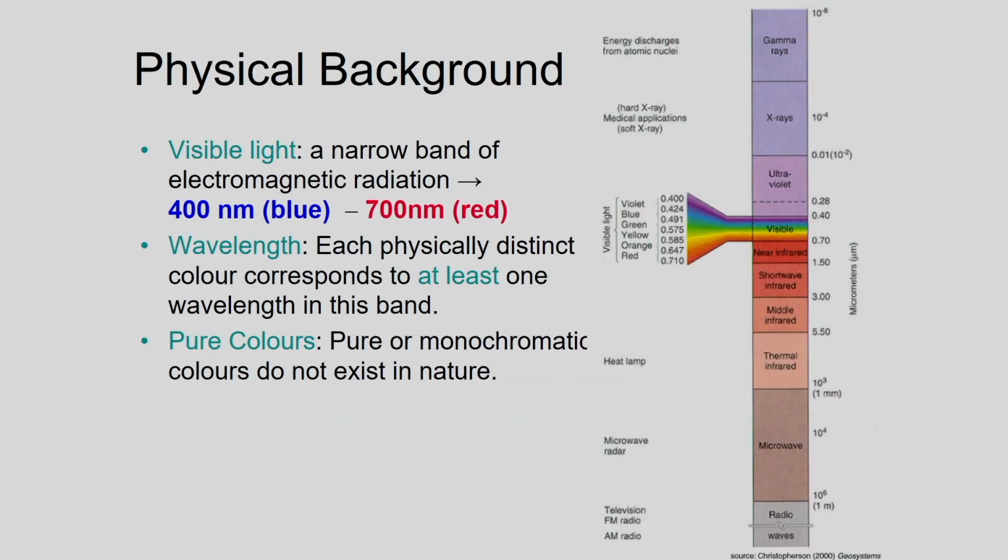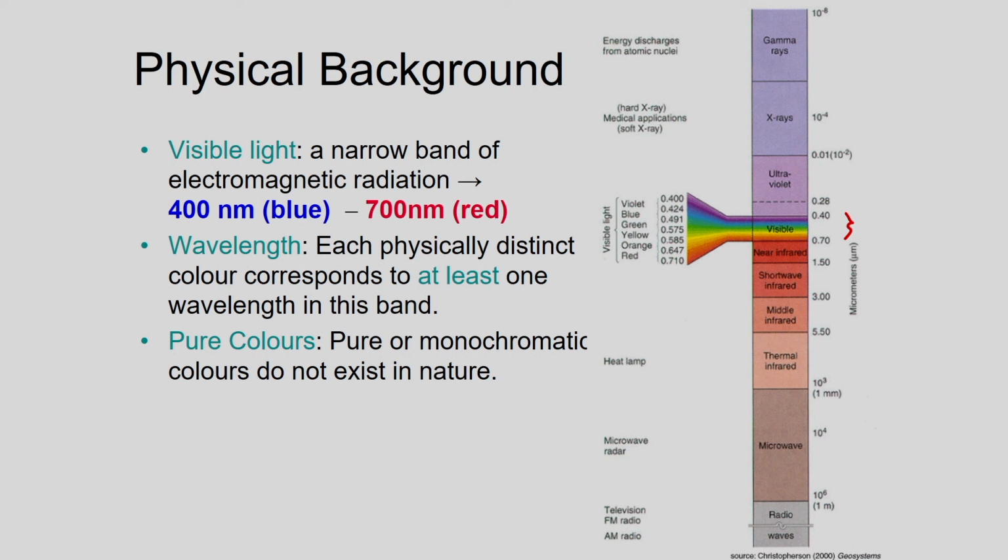In this case I have shown the electromagnetic spectrum, and corresponding to the visible light you can see the wavelength is from 400 nanometers to 700 nanometers. 400 nanometers corresponds to blue color and 700 nanometers corresponds to red color. So you can see the visible range of the spectrum, that is from 400 to 700 nanometers.